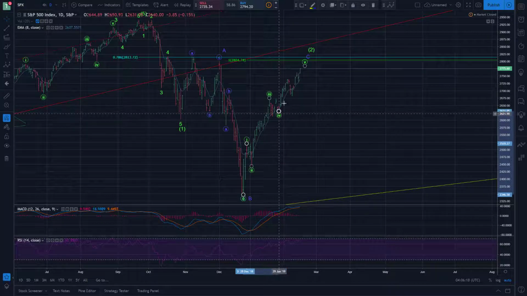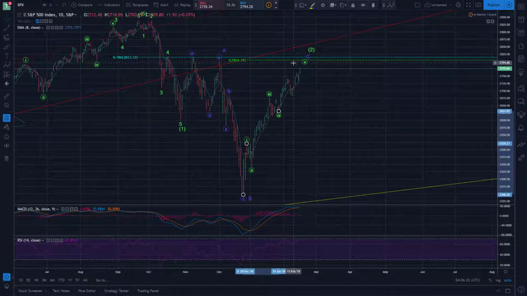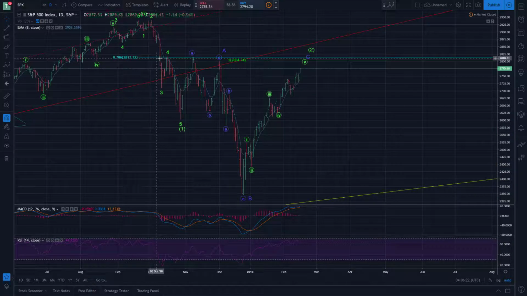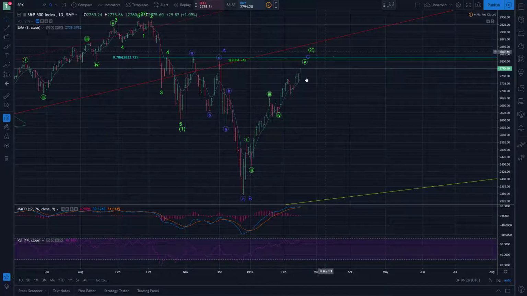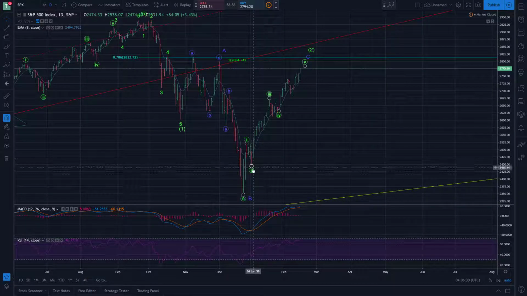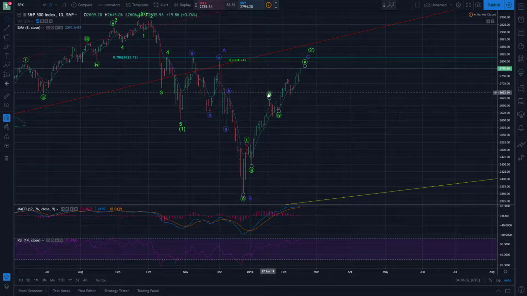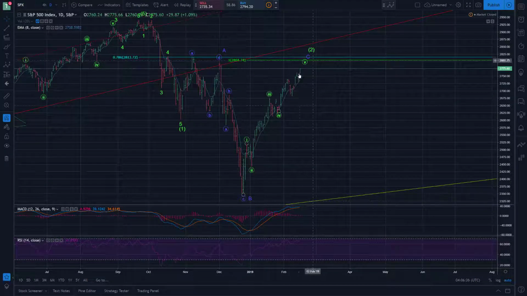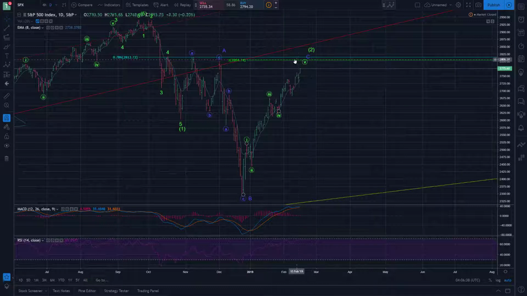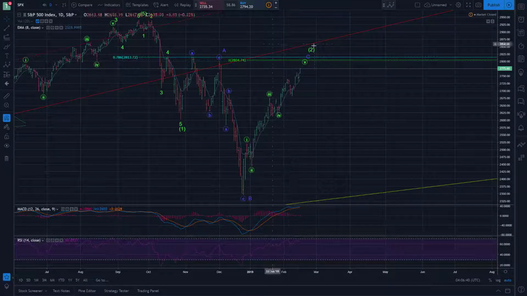That brings us to 2804.74, right around this other relationship, and also still right around these previous highs. That's a common relationship in an impulse wave, having 1-5 equality, especially if the third wave is the longest, and wave 3 is longer than wave 1. To have wave 1 and wave 5 be near equal in length would be a typical relationship.